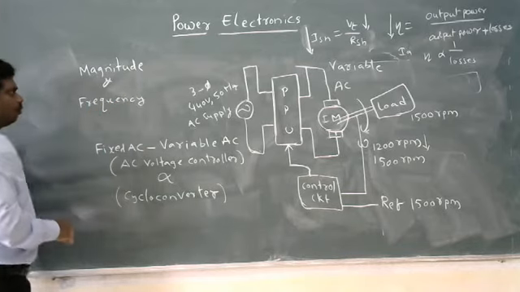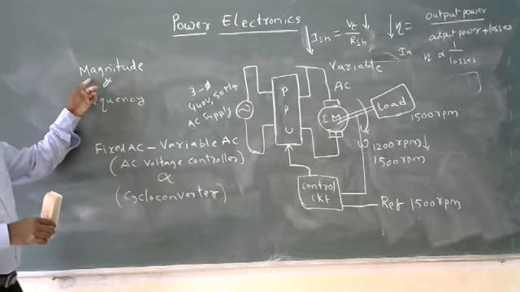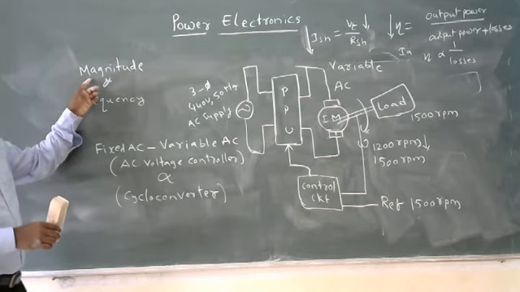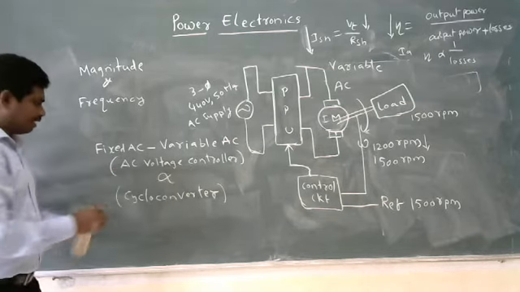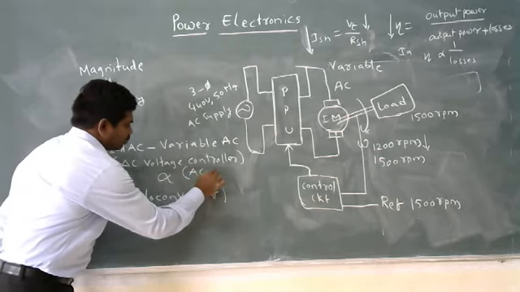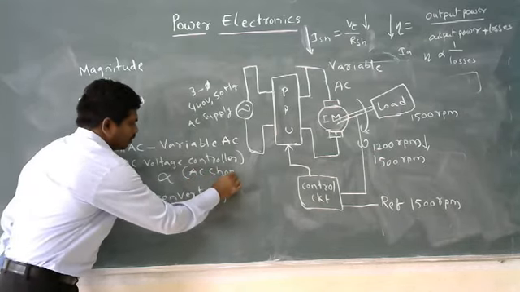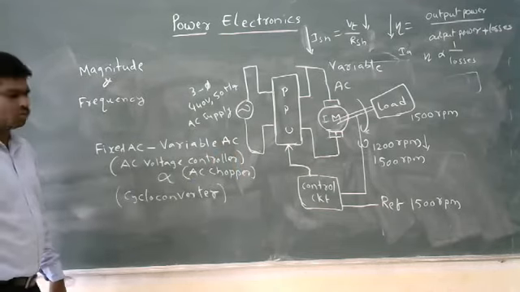Suppose you want to change the magnitude values at the output side, the PPU used for that is the AC voltage controller. The other name for AC voltage controller is AC choker.